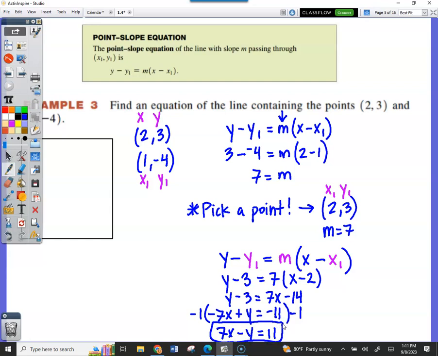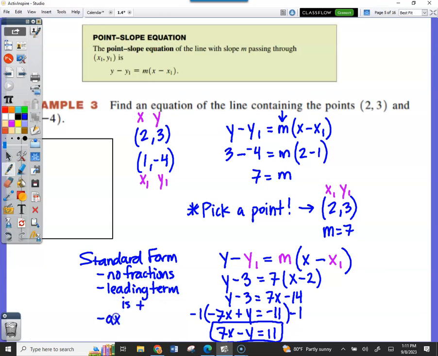So if you need to make a note to yourself, standard form, say no fractions, leading term is positive, and it's ax plus by equals c.